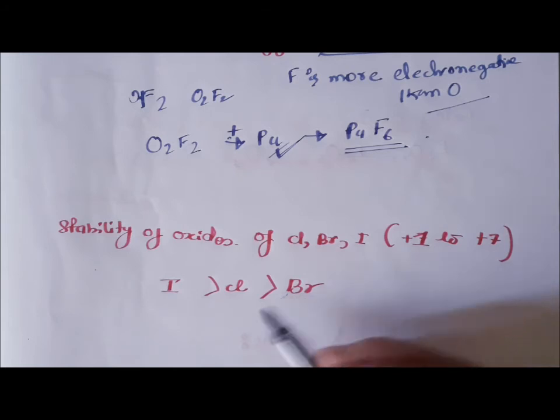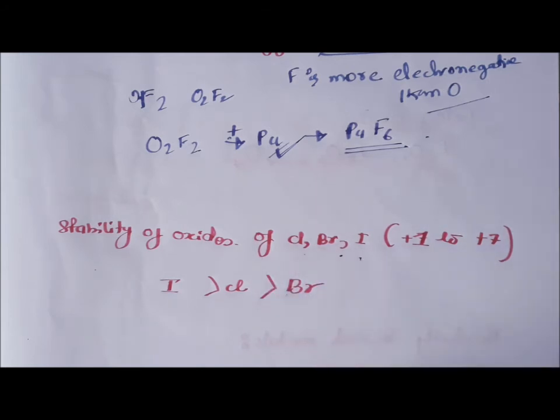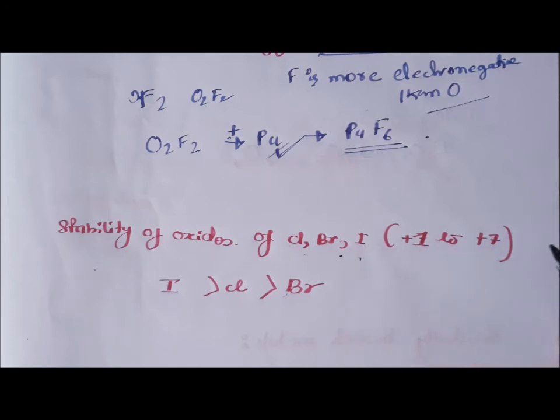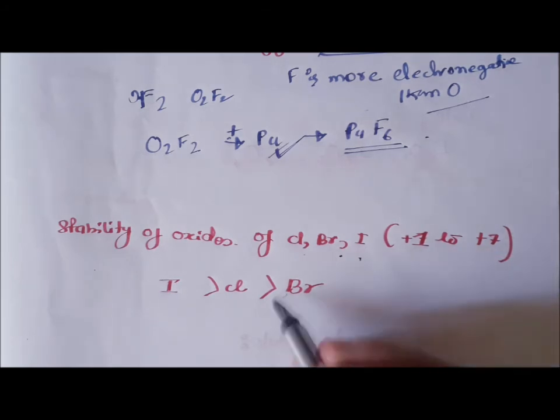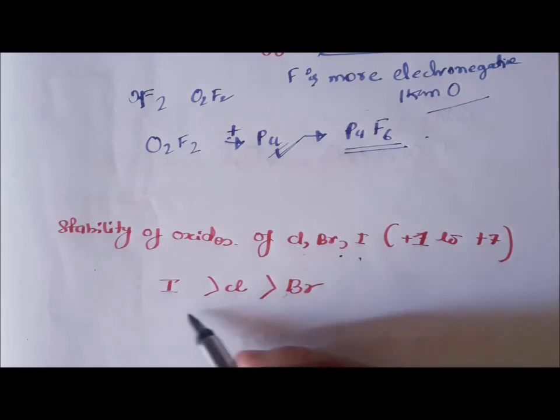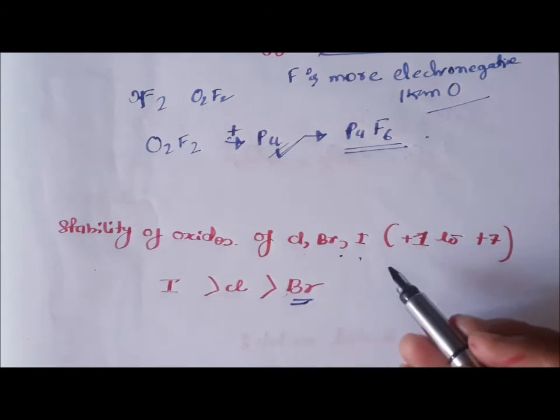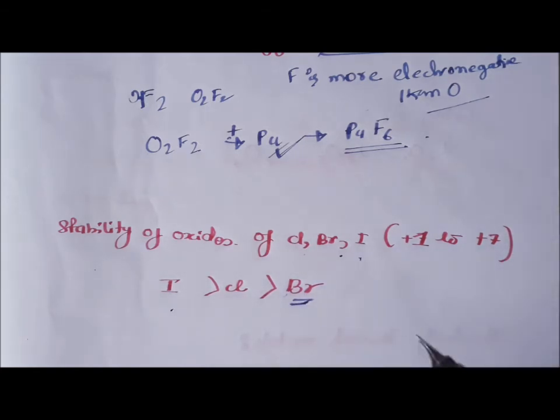Your chlorine, bromine, iodine form oxides where the oxidation number can be from +1 to +7. And the stability of these oxides decreases in this order: I, then Cl, then Br. Br's oxide will be the least stable. Why is the stability of the oxide of iodine maximum?